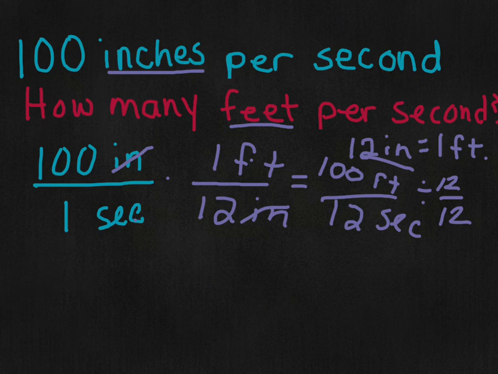And when I do that, I get there are 8.3 repeated feet in 1 second. So 100 inches per second is equivalent to approximately 8 3/10 feet per second.